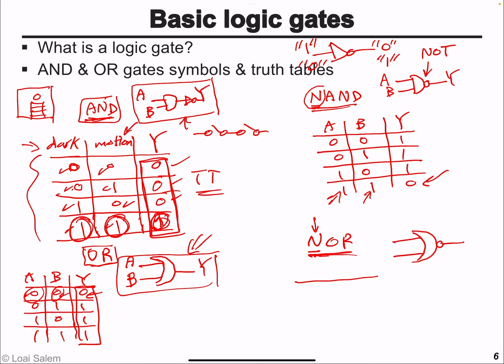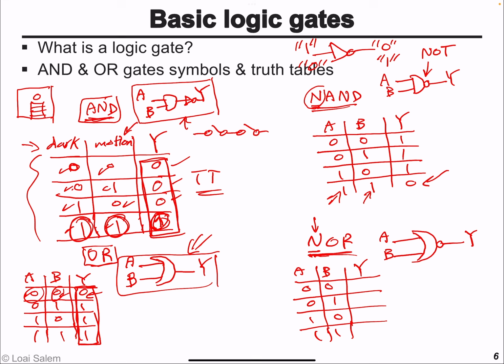And then we have the truth table, A B. We have 0 0, 1 0, 0 1, 1 1. And so its output will be essentially the OR output just inverted. So it will be 1, 0, 0, 0. And so the output is true only when both inputs are 0.